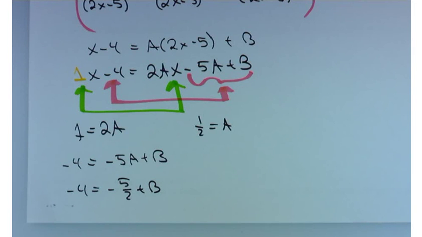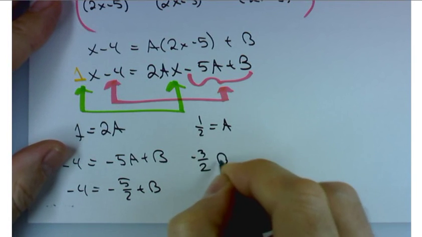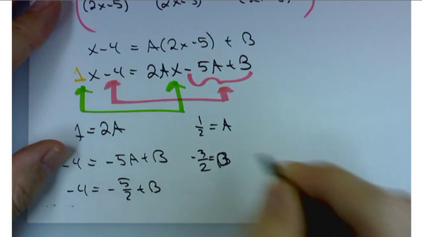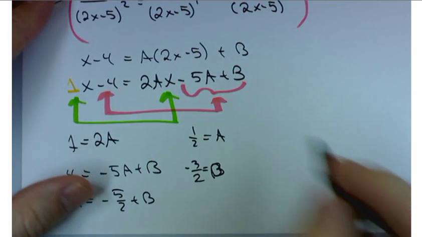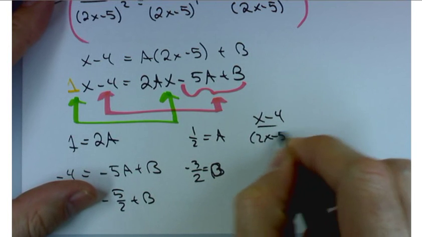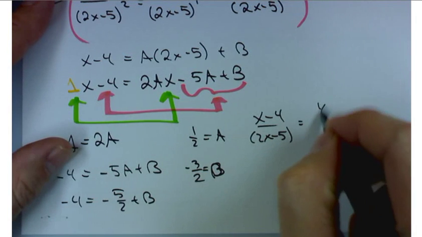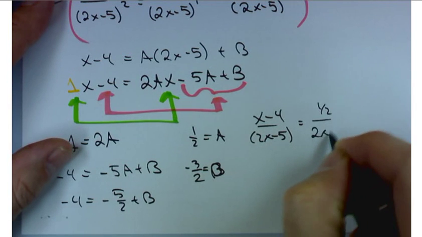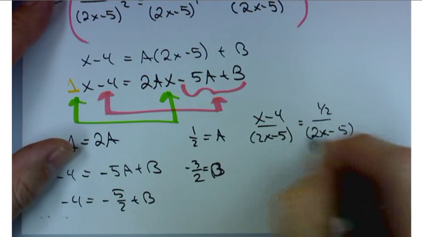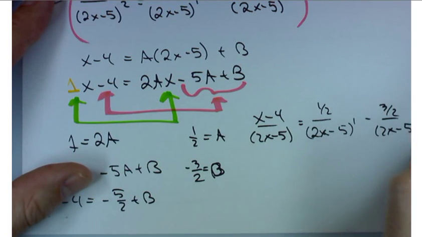So I'm pretty sure we get negative 3/2 for B. So what's that mean for our solution? That means (x minus 4) over (2x minus 5) squared decomposes into 1/2 over 2x minus 5 to the first power minus 3/2 over 2x minus 5 to the second power.